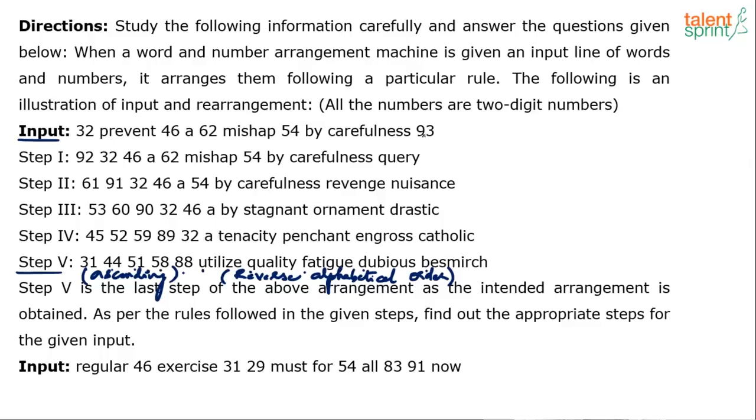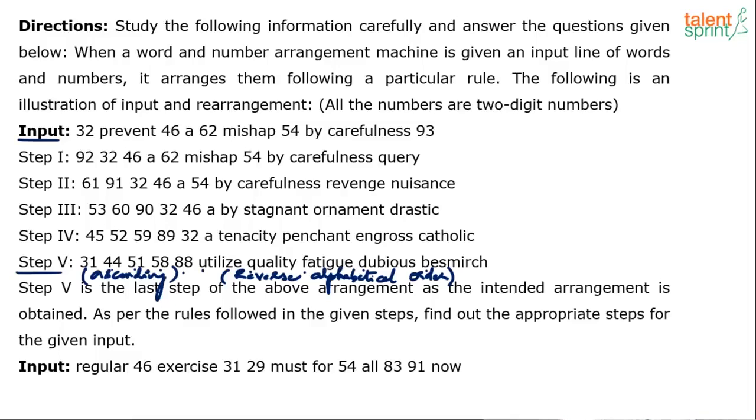The numbers in the input are all different. And not just the numbers, the words also are different. Here we have utilize, quality, fatigue, dubious, and so on. But look at the words here: prevent, mishap, by, carefulness, and so on. So this is where the tricky part is. You have to understand what's happening in the step-by-step process. How are these numbers and words changing here?